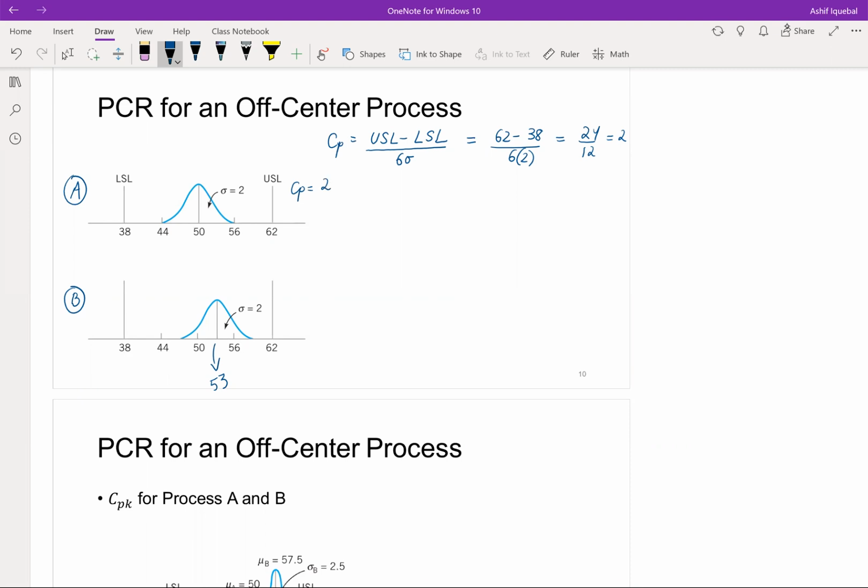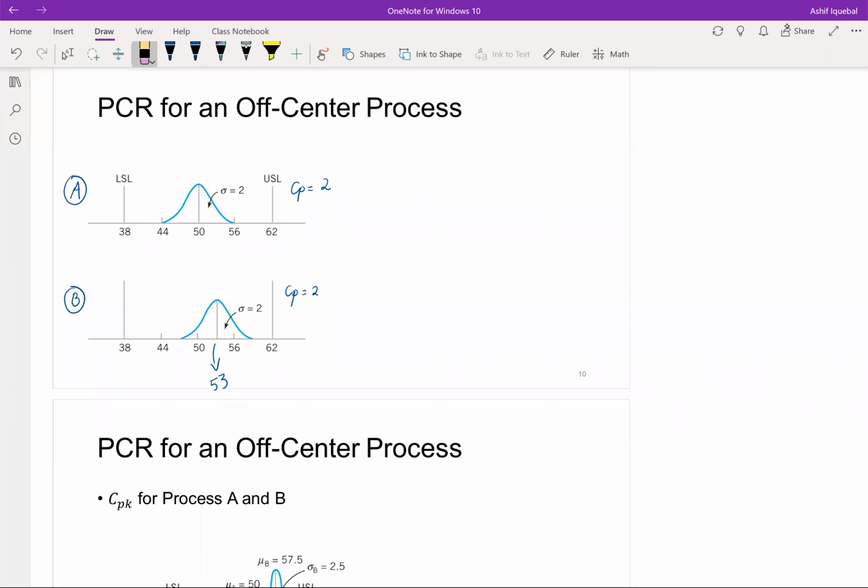Can you use the same formula to find out what is Cp for process B? Isn't it the same, Professor? Right, yes. So Cp for process B is also 2, but don't you think this does not make sense?